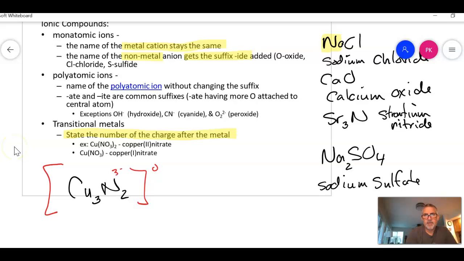If this was 3 negative, I have 6 negative charges. So this would have to be 2 positive to give me 6 positive charges. So you kind of have to work it backwards, crisscross. So now that I know that, I could call this copper 2, because that 2 is my charge number.